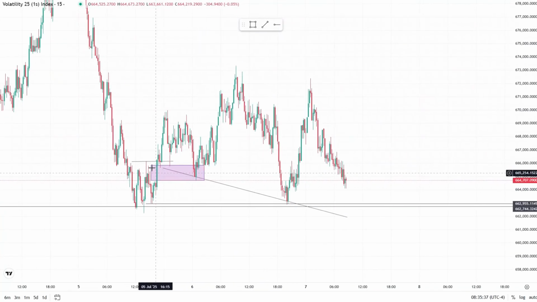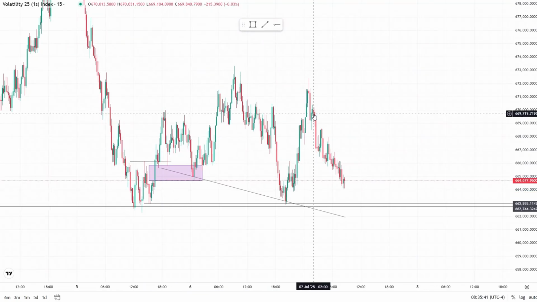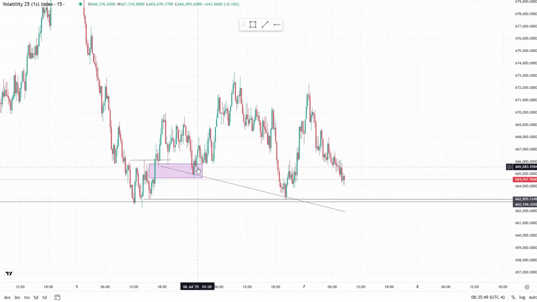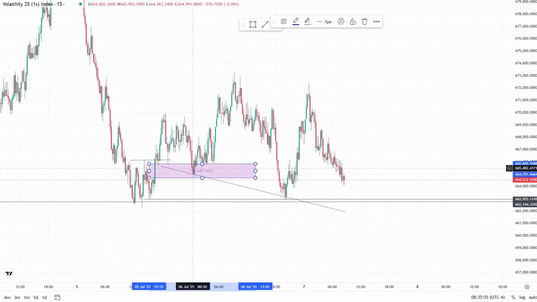So we're just using the information we're receiving here so that we can get what we're looking for, right? So now that we're seeing this level being broken, and that block not being respected, because that's where price reacted before, right? But when it came down, it never paid attention to it. It just even broke this level here.